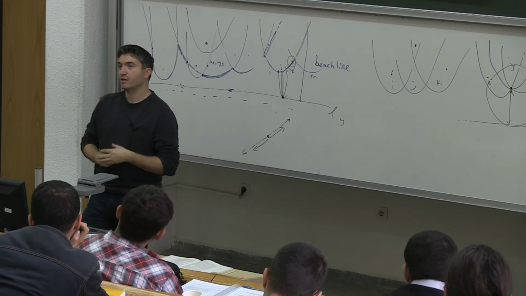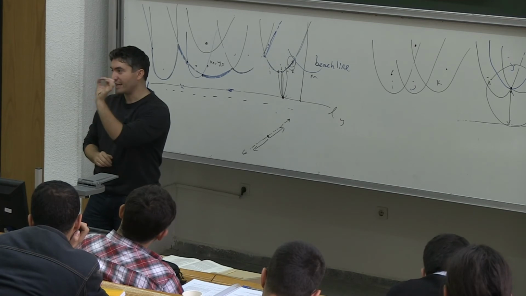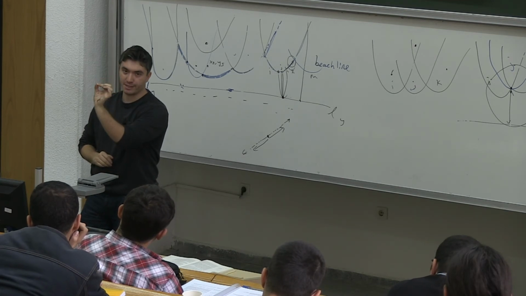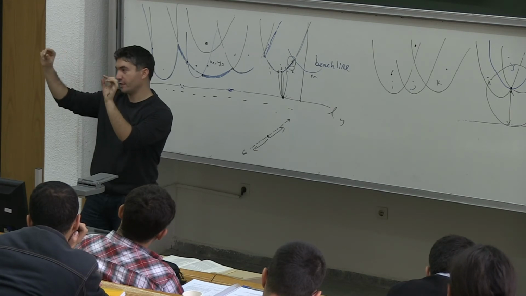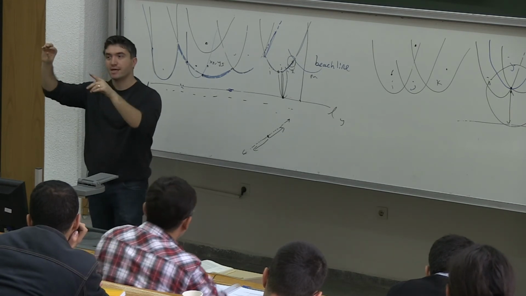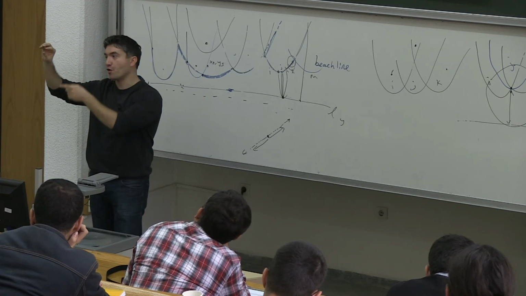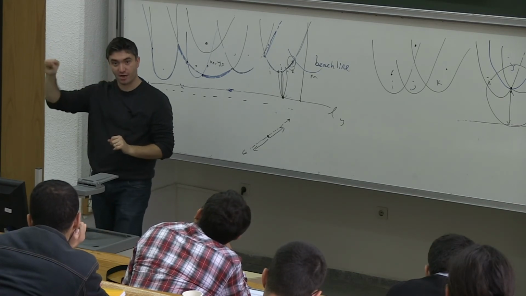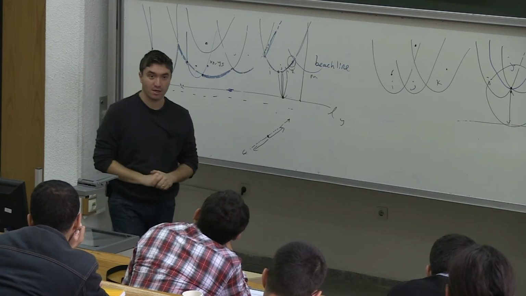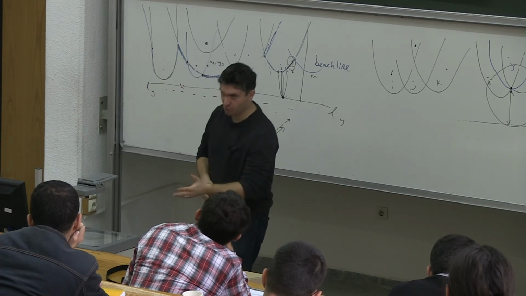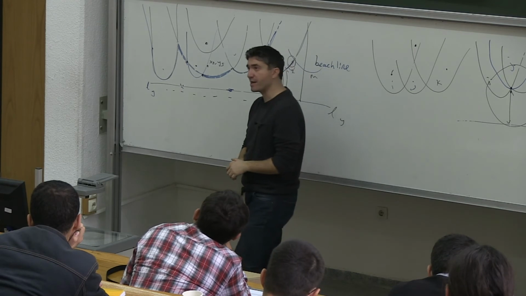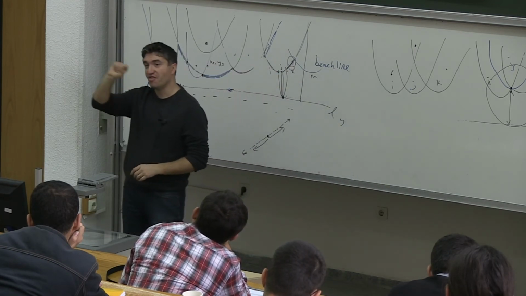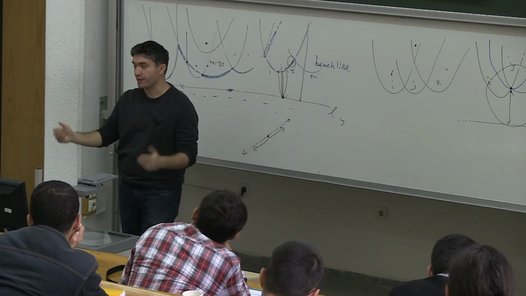Now, in the Delaunay triangulation, the sites become our vertices, and we connect two sites if they share a Voronoi edge. So this is how we construct the dual graph of the Voronoi diagram, by connecting neighboring sites on the Voronoi diagram.